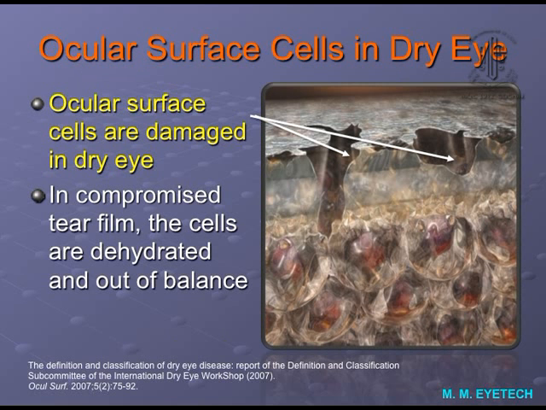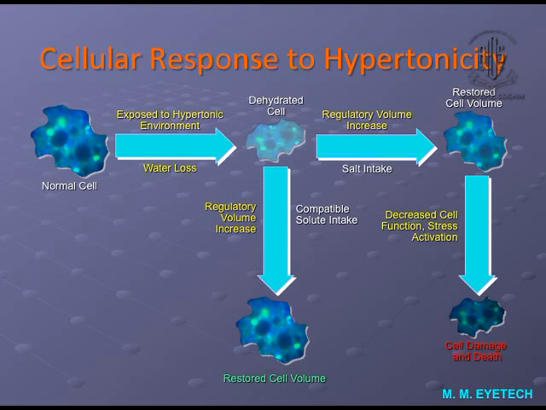And we know that these dehydrated cells don't function well. In the compromised tear cells, these cells are out of balance and the ocular surface shows signs of damage, which we can pick up clinically with various forms of methodologies, including surface staining.